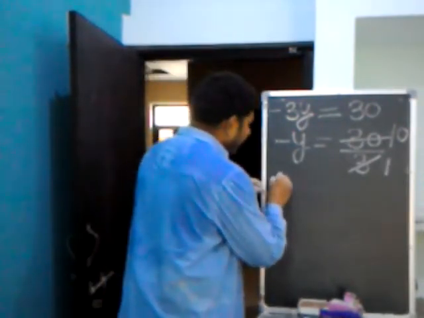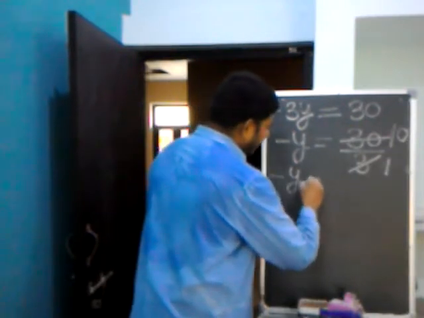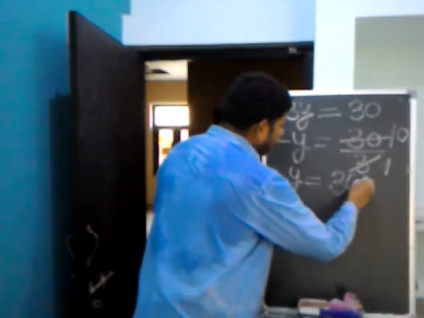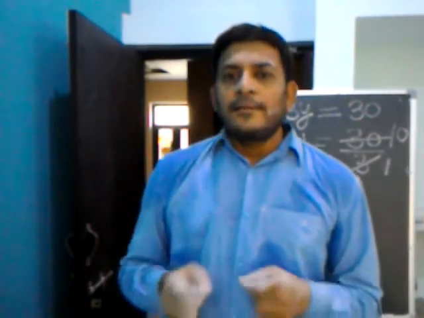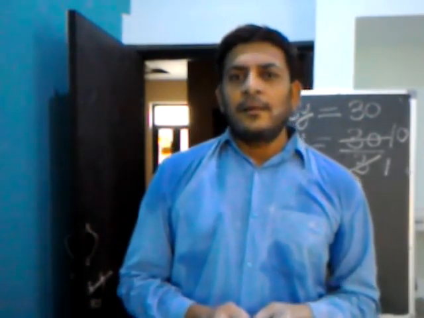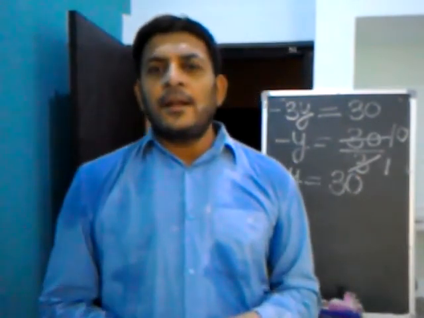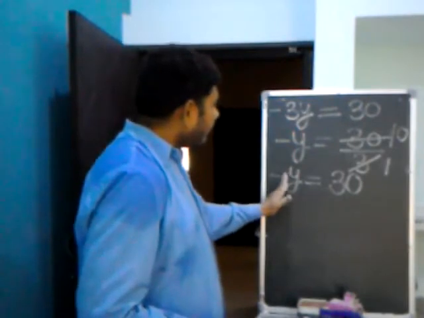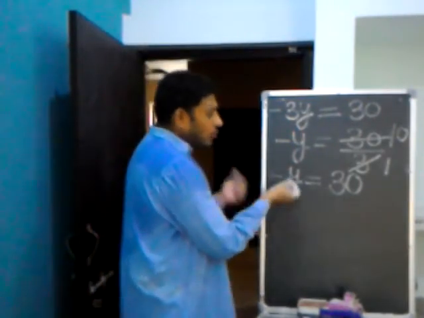So minus y is equal to 30. But there is a convention that we do not keep a negative sign on the left side.